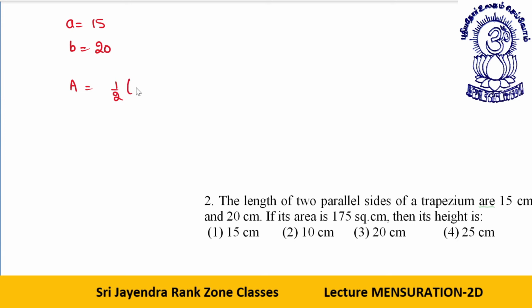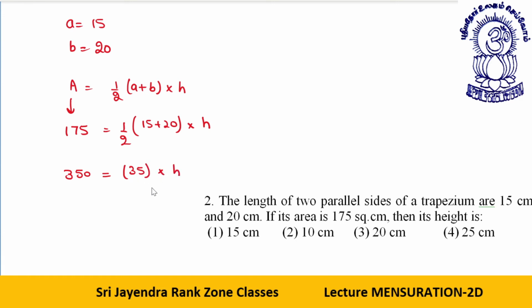Half A plus B into H. This area is given to you as 175, half into 15 plus 20 into height. 2 into 175 is 350 is equal to 35 into H, or easily H is equal to 10 centimeter. Option number 2 is the answer.